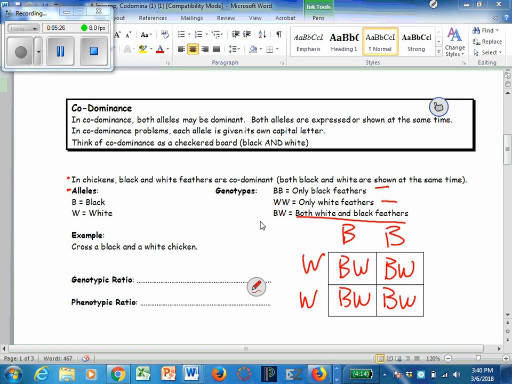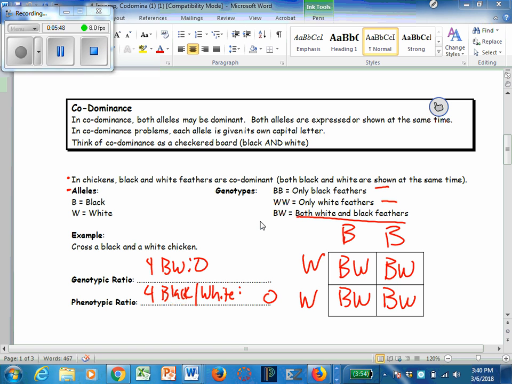So the genotypic ratio again would be 4 BWs to 0 everything else. And then you're going to see 4 black and white chickens to 0 everything else. And again, in that phenotype here, because it's an exception, we now have 3 phenotypes as opposed to 2.